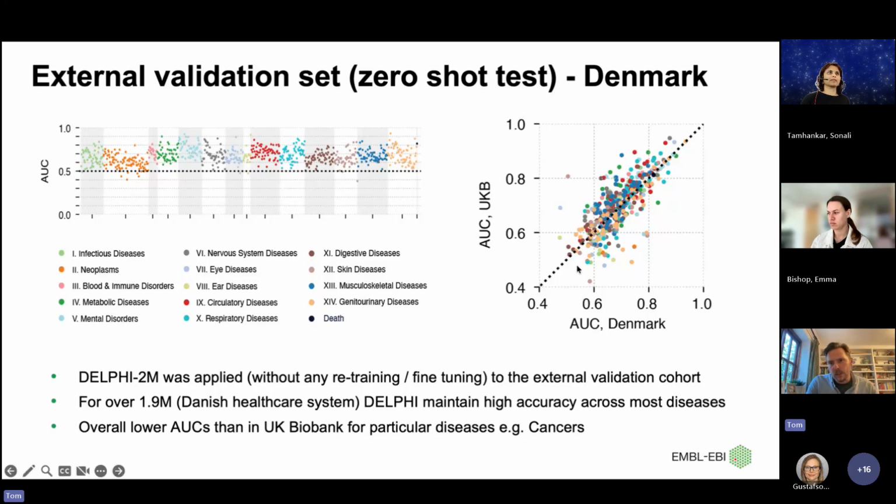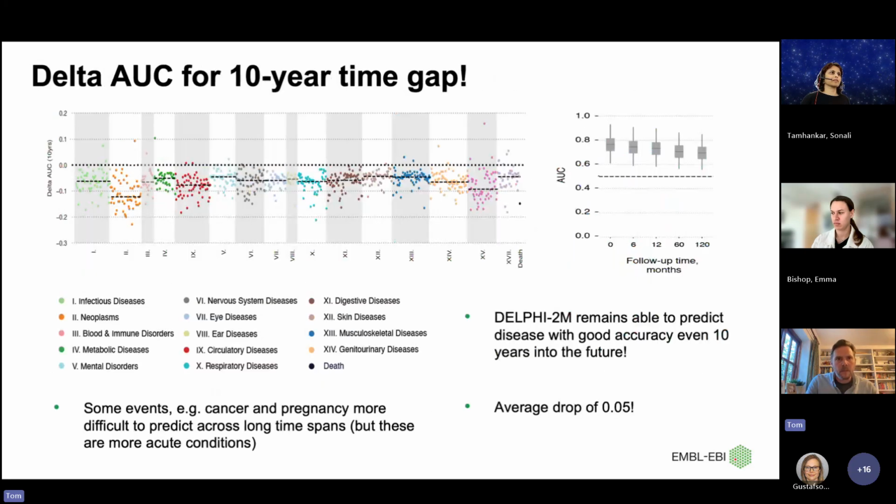And if you look at the correlation between individual ICD-10 codes, looking at the AUC values from UK Biobank against Denmark, you can see this remarkable correlation. So essentially, we're able to predict well pretty much the same disease classes across the 2 different healthcare systems, which is really nice.